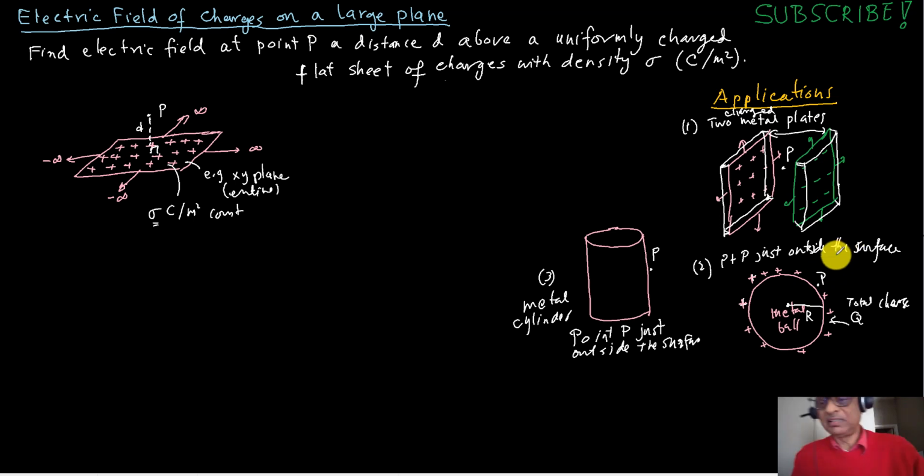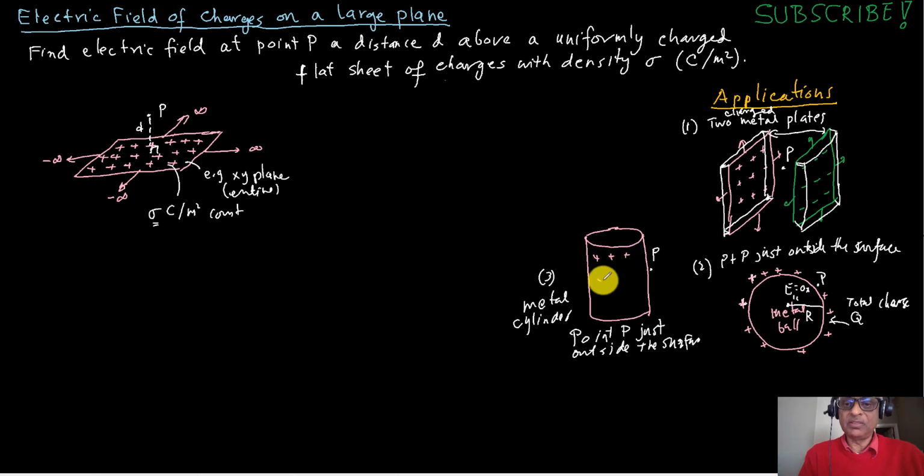All right. If the point P is inside, over here the electric field will be 0, because there's a metal ball, electric field inside 0. Also, the charge is only on the surface, it is spherical. We already know inside a spherical shell there is no charge, no electric field. So this one is kind of similar to that.